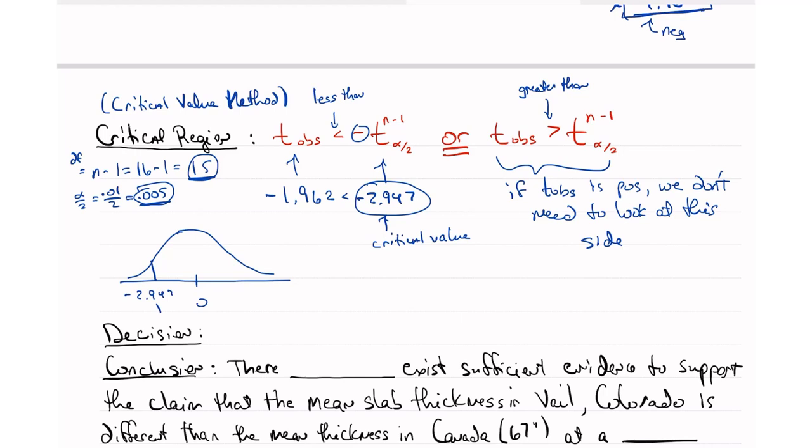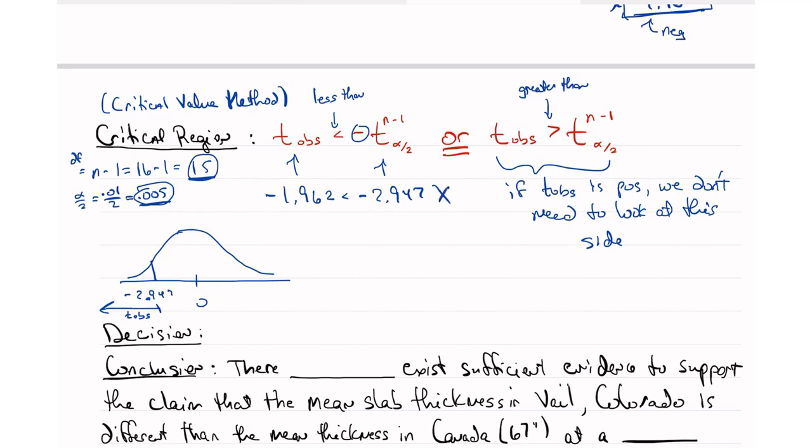And we're saying that if T observed is that small or smaller, if it's smaller than negative 2.947, then we reject. It turns out that this statement is not true.